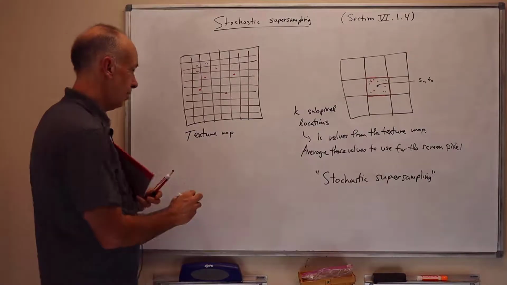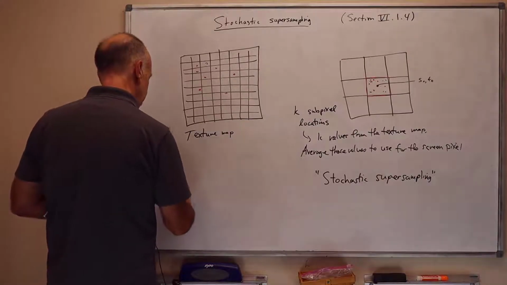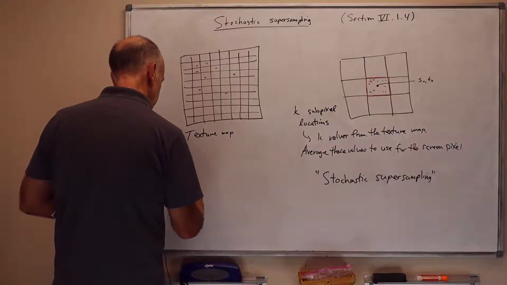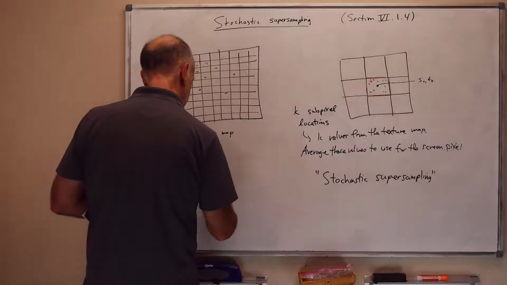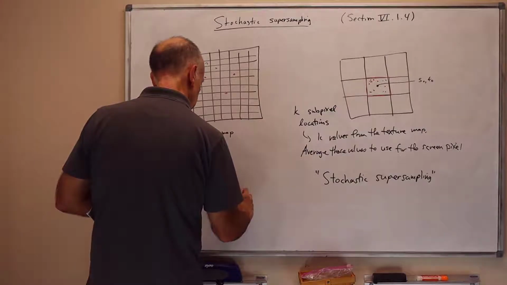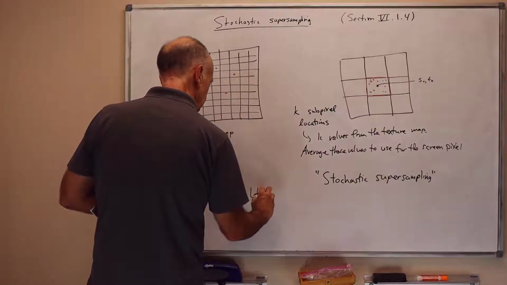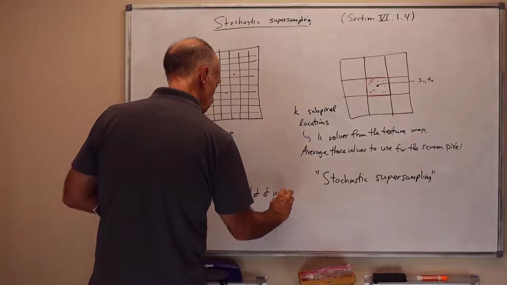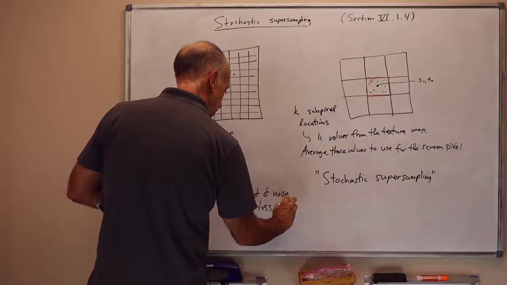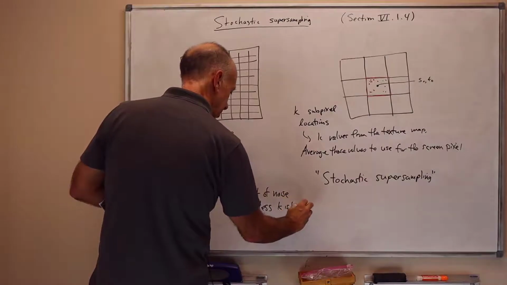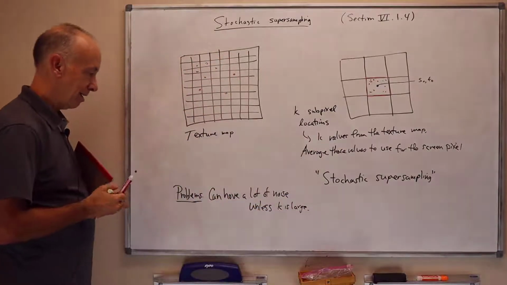So this can work okay, but it definitely has some problems. One big problem is that it can have a lot of noise, unless k is large. When I say large, I mean maybe 50 or 100 or something like that, which is a pretty big value.